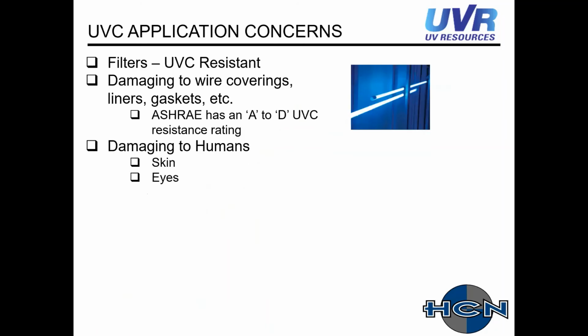All right. With UVC lights, you have concerns that your filters have to be UVC resistant. The light can also damage existing liners and gasketing. ASHRAE has a nice chart showing the A to D resistance rating of a bunch of different materials. It's also damaging to humans, as with me being Irish, going outside in the sun in the summer with my skin tone, and then also eyes.